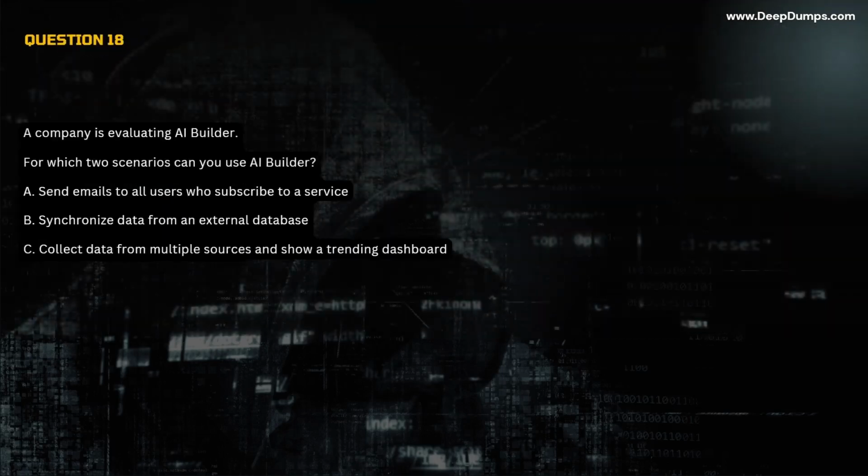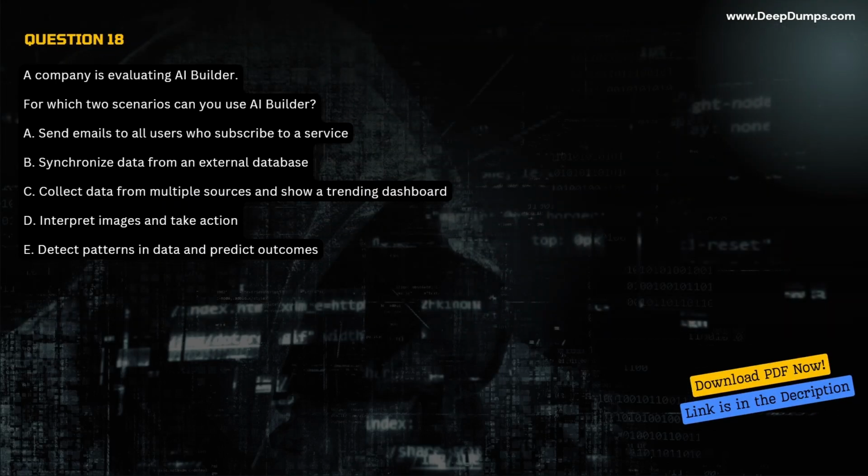Question 18. A company is evaluating AI Builder. For which two scenarios can you use AI Builder? A. Send emails to all users who subscribe to a service. B. Synchronize data from an external database. C. Collect data from multiple sources and show a trending dashboard. D. Interpret images and take action.